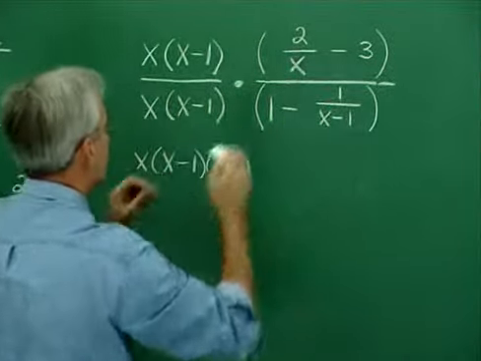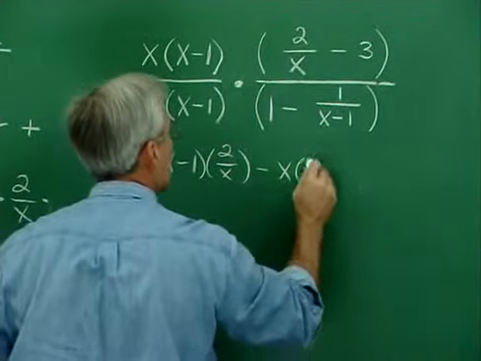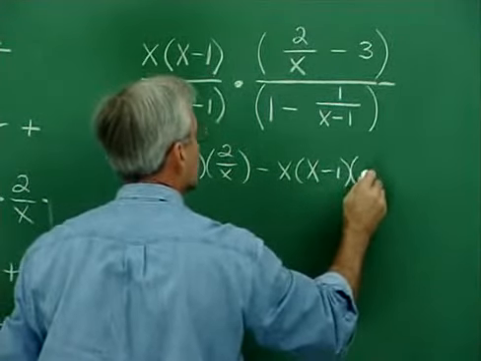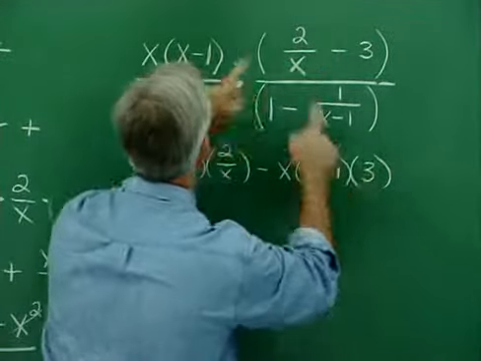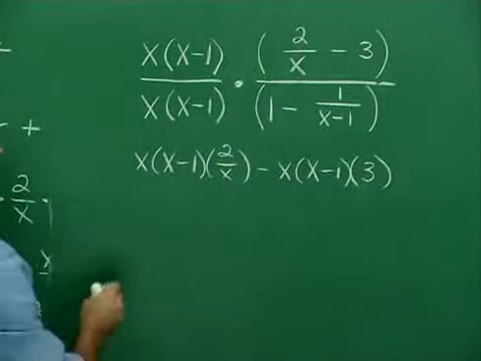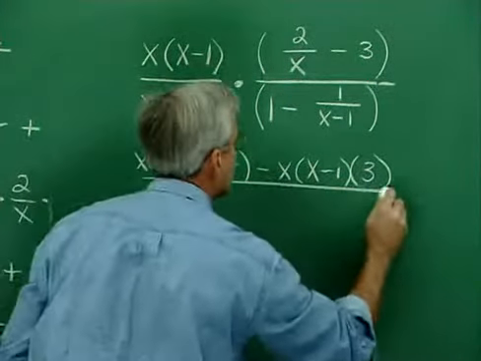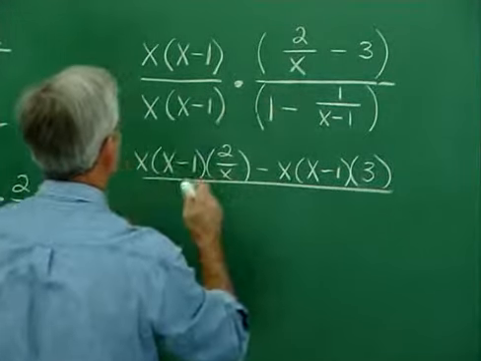You see, to distribute it through those two. And then minus x times x minus 1 times 3. Now notice the minus sign and the 3 here. I just put this right in between those two. All right. And then in the denominator, it's a very similar idea. It's this times each of those two.